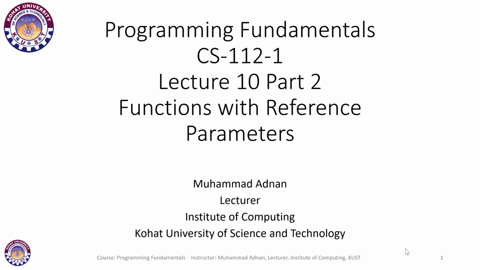So we are on online lecture number 10, part 2 of the Programming Fundamentals course. We are going to continue our discussion on functions with reference parameters. We are going to study some more examples and run some more C++ programs. The more we write and run programs, the better our understanding will be.